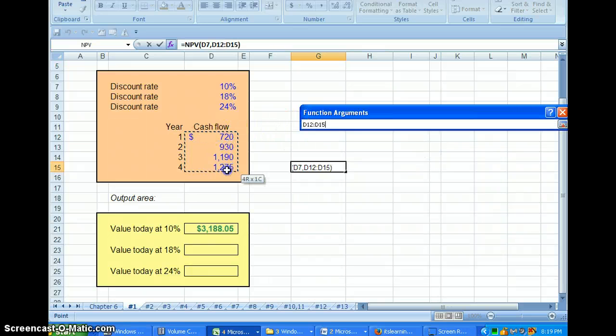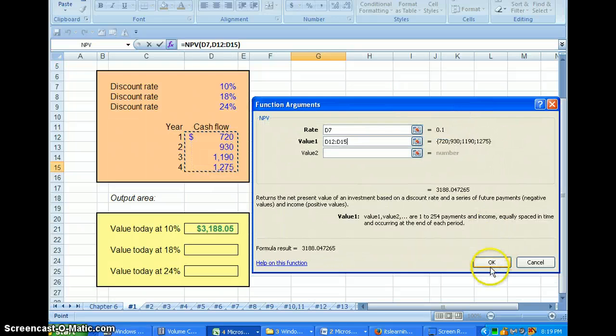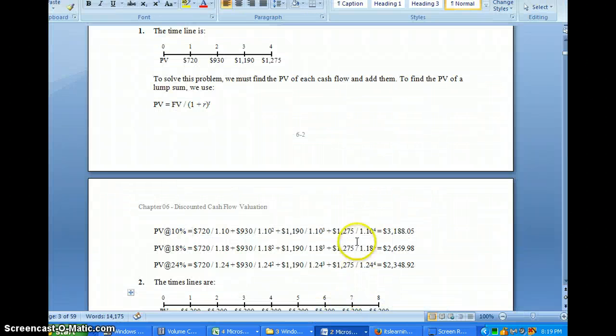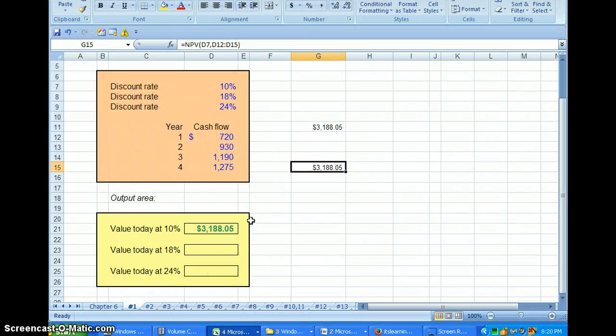These are the 4 years, and that should give us, you hit OK, there it is, 318805, and that is doing it longhand, if you will, broken out like that. That's the logic behind what we just did right here in Excel.